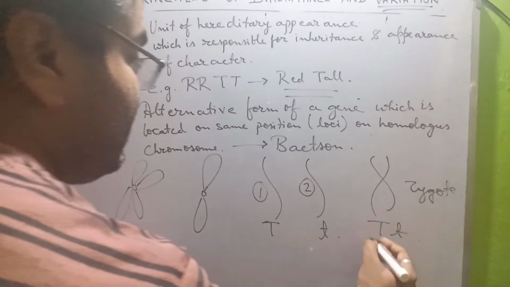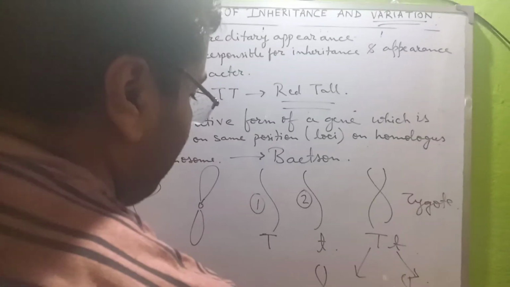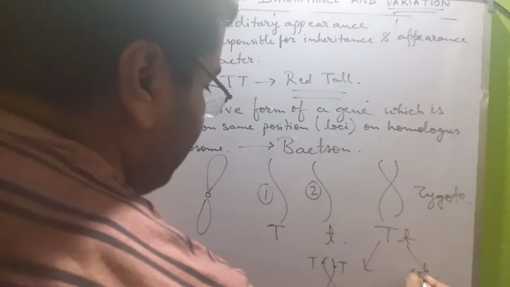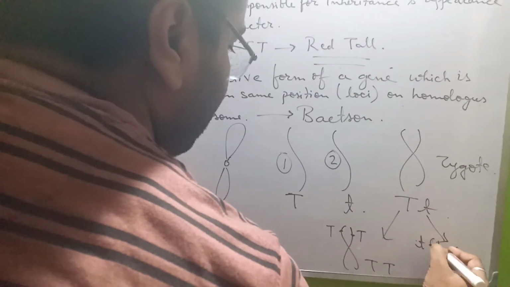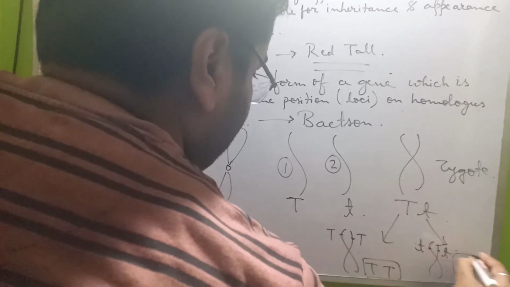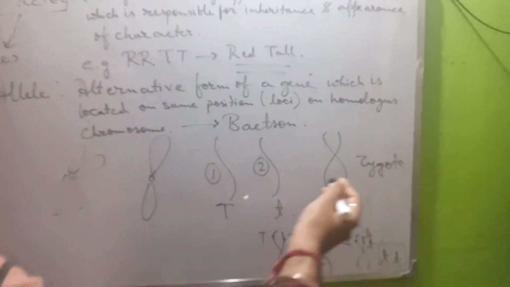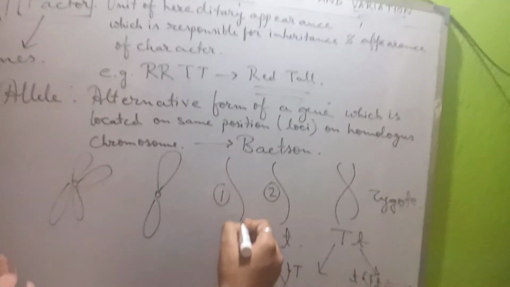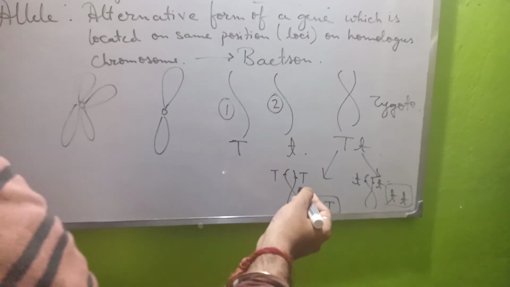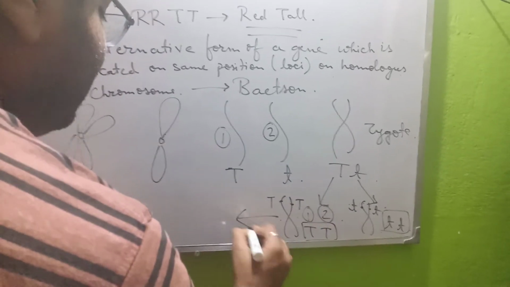Now from this zygote, you will be getting two such types of alleles, where this one is having T and T, so capital T, capital T, and you will be getting another one, small t and small t. So these are the two alleles which we are getting from our parents, and together these two alleles form a gene.